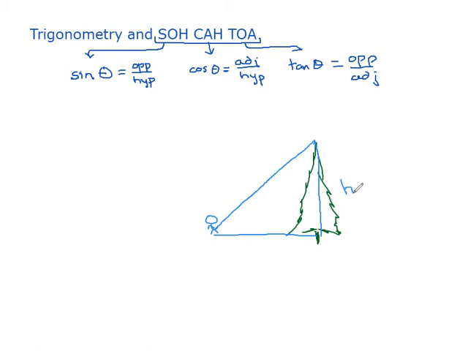But you want to find this height somehow. What you can do is start at the tree and walk back a certain distance. Let's say you step 15 meters back, and then you measure the angle to the top of the tree, and you find that it's, let's say, 62 degrees.